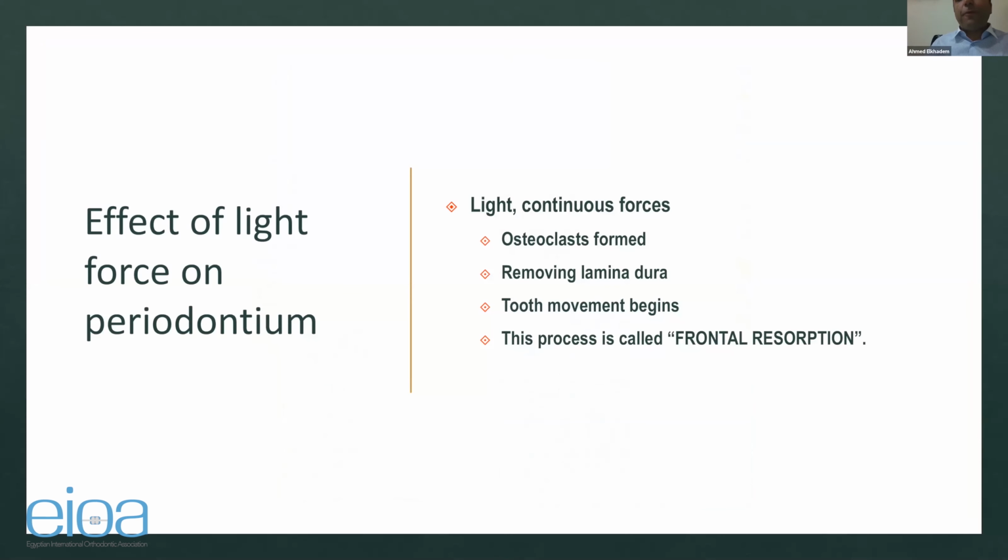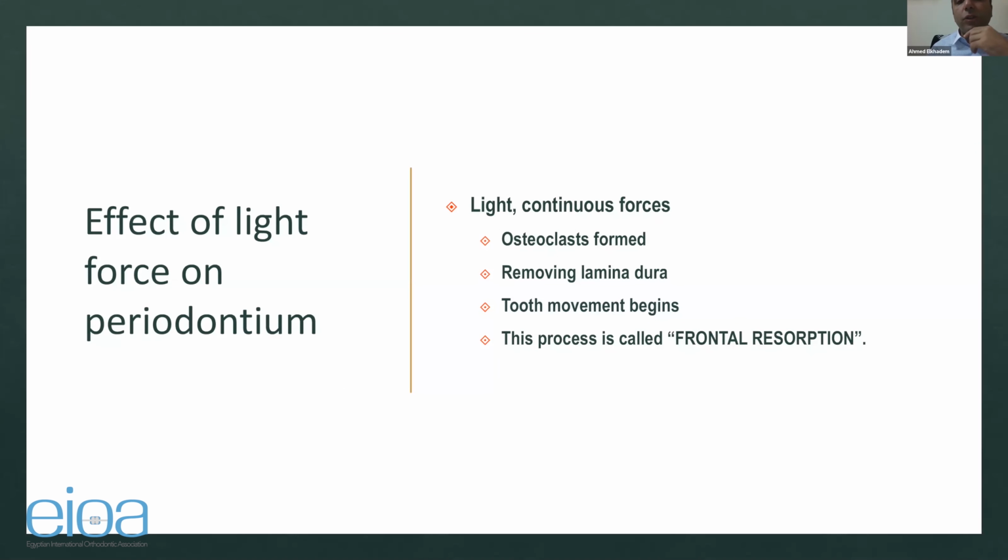So there are two types of continuous, or what we call constant, forces that can be applied to the tooth. We have a light force and we have a heavy force. A heavy force is going to occlude the blood vessels. Light forces are going to induce the cellular activity without closing the blood vessels.